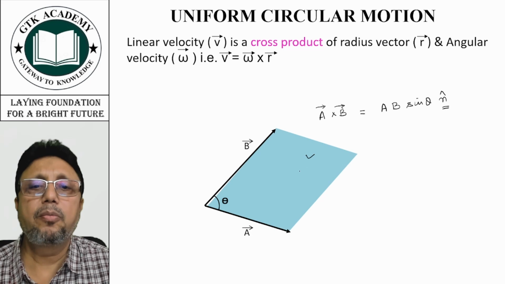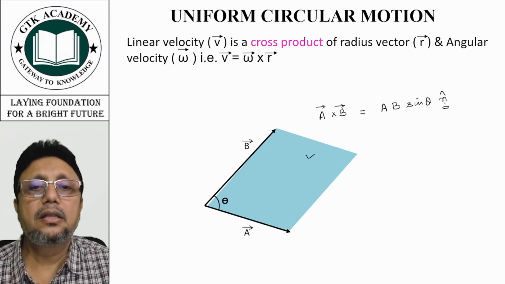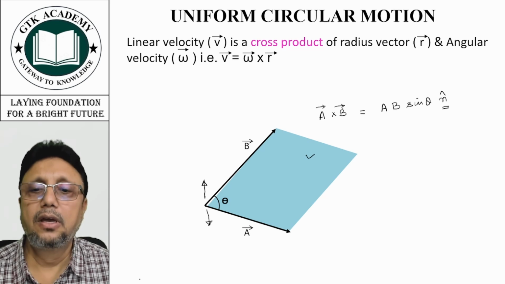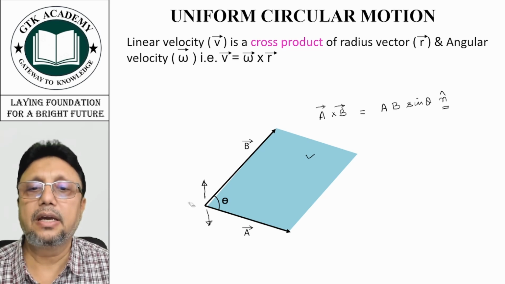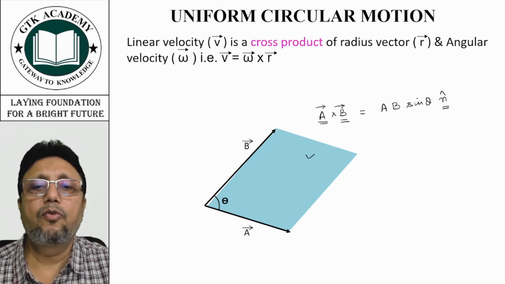Now this is the plane formed by a and b. So n cap is perpendicular to this plane. Now n cap direction can be this one. This is also perpendicular. It can be downward also, like this. Now which direction we have to take? This we have discussed. Again I am discussing. Now since it is a cross b, then what we'll do, we'll use right hand screw rule.